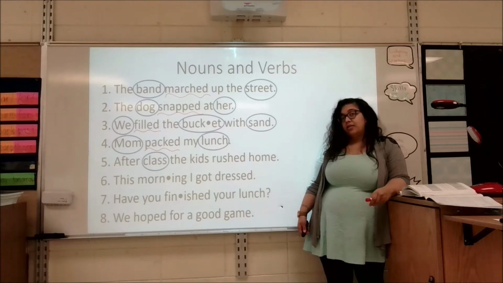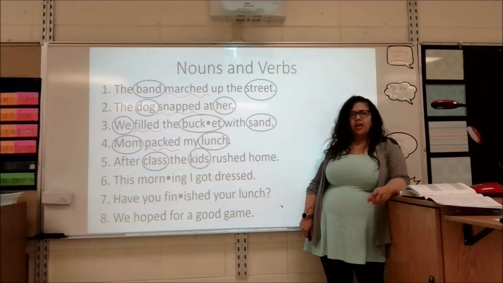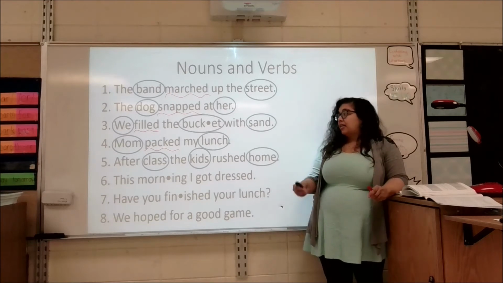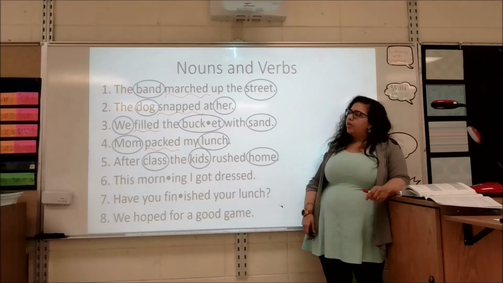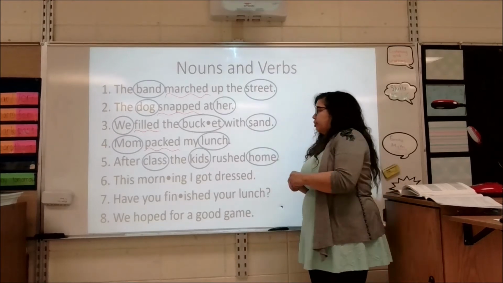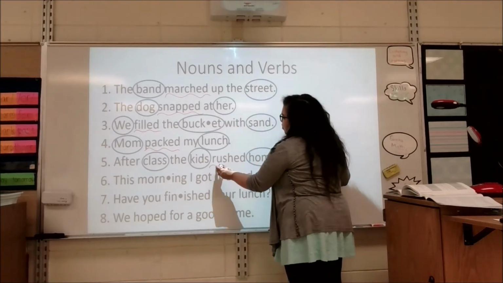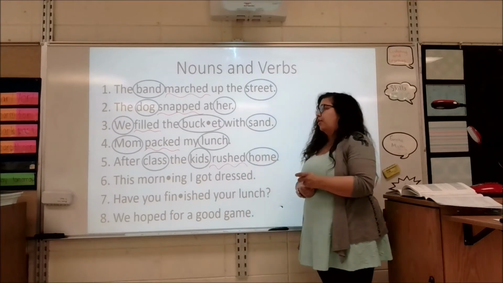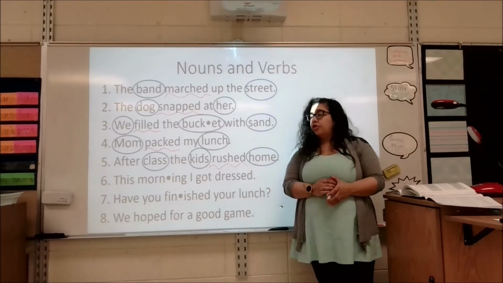And what else? Kids, those are people. I'll give them that. And home. After class, the kids rushed home. What did the kids do? They rushed. They were moving with the quickness. They were in a hurry. Good job. All right, your turn to be partner A.